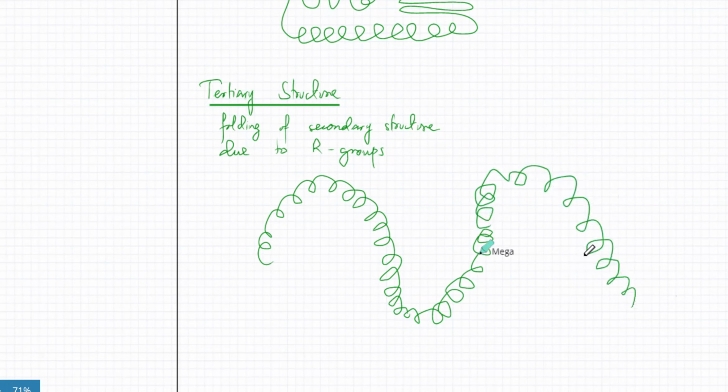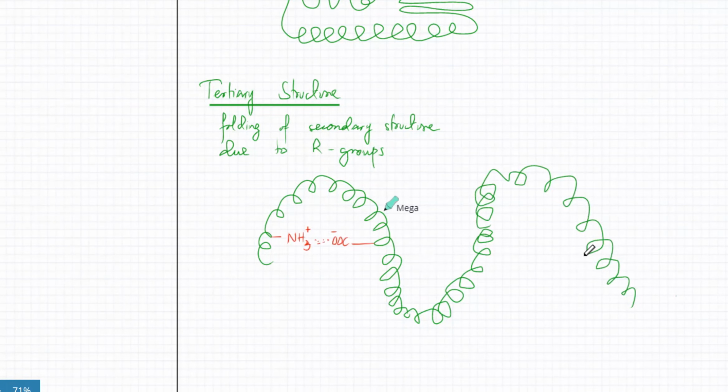Why? Because if there's an amine on one side, and on the other side there's an R group which is aspartic acid, a carboxylic acid, what will happen? The two are going to react together. They're going to form an ionic bond. Salt would be produced, NH3+ and CO2-. So they would be really strongly attracted to each other.